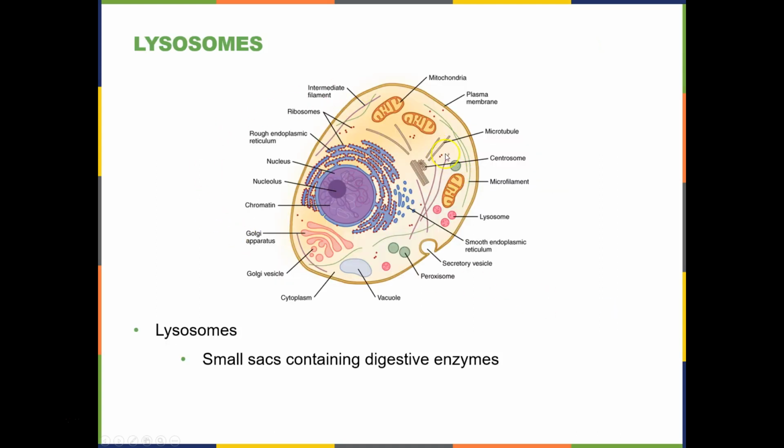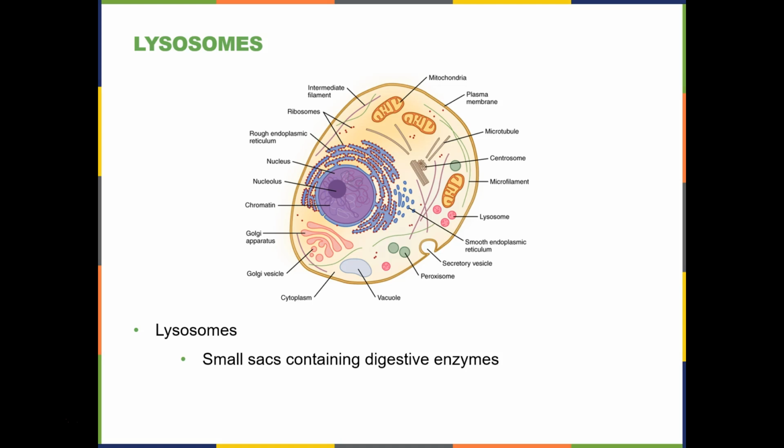And so I wanted to show you this picture because I could not find a good picture on Google Images, which is where I get most of my pictures from, of lysosomes. Lysosomes are your small little organelles that contain digestive enzymes, and lysosomes have a very important function. They're basically your digestive system.